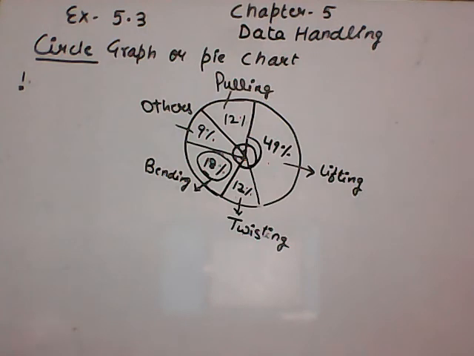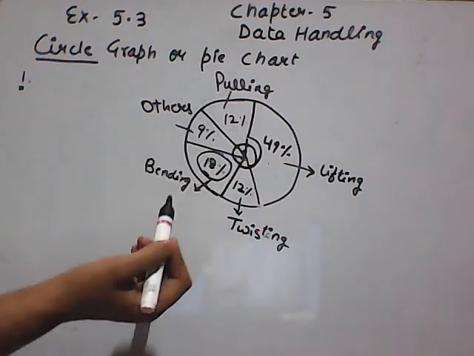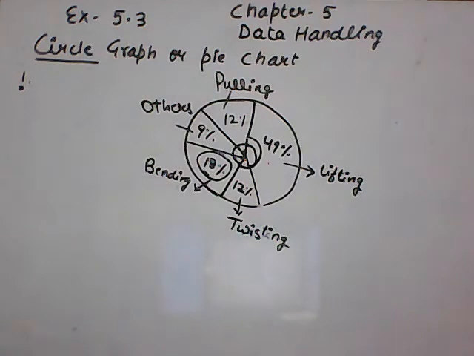Now, what is the main purpose of a pie chart? The main use of a pie chart is to show comparison. When items are presented on a pie chart, you can easily see which item is the most popular or which is the least popular. Here, how many people are injured by pulling, how many people are injured by twisting. In this way, you can find out the information very easily.